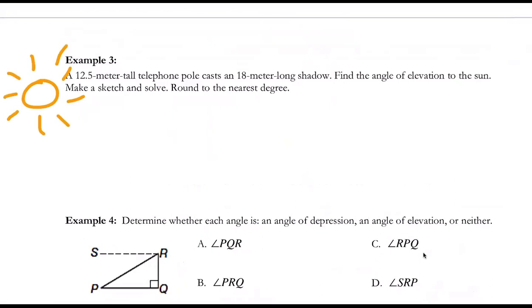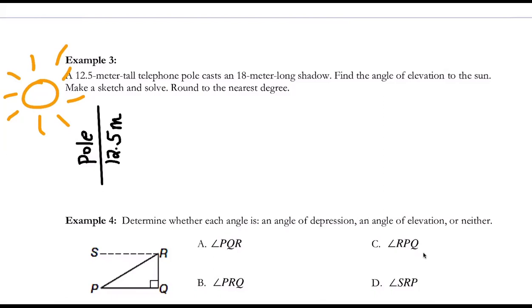So the telephone pole is 12.5 meters. This is your pole. And it's 12.5 meters.